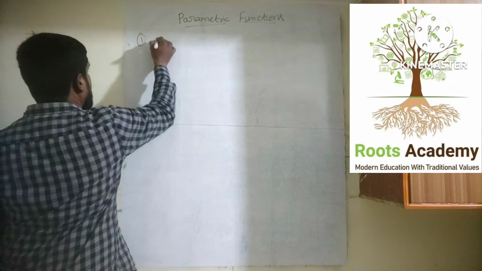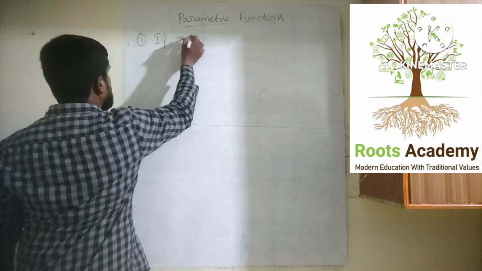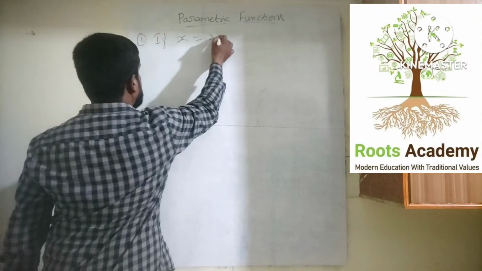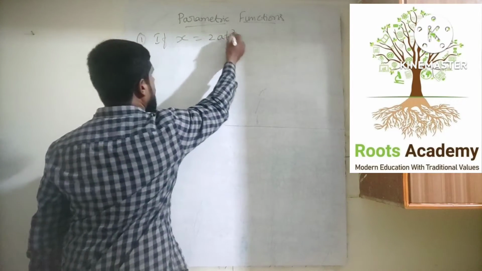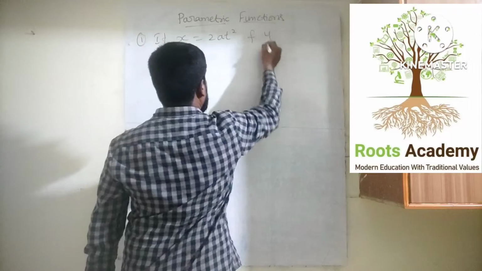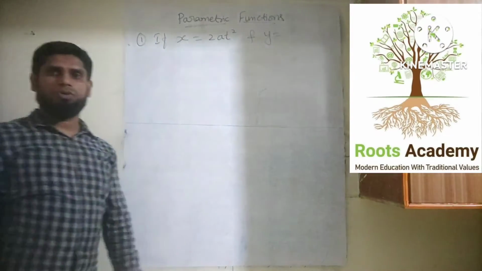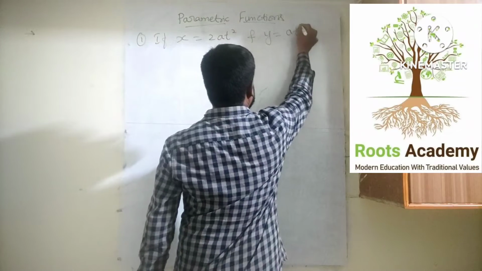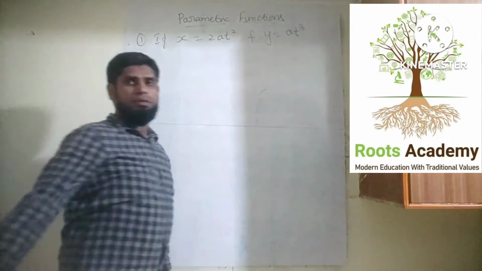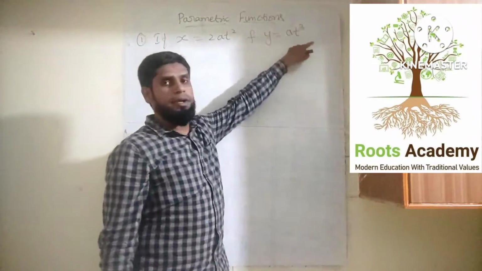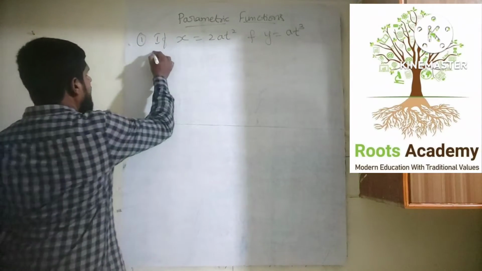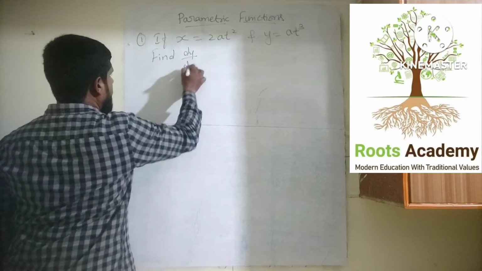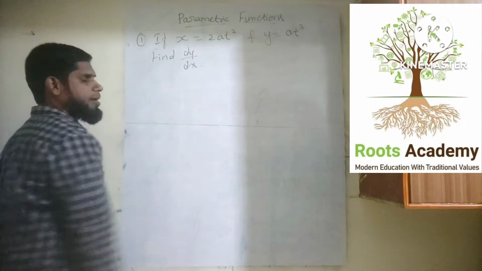First one is: if x is equal to 2at square and y is equal to at cube, find dy by dx.